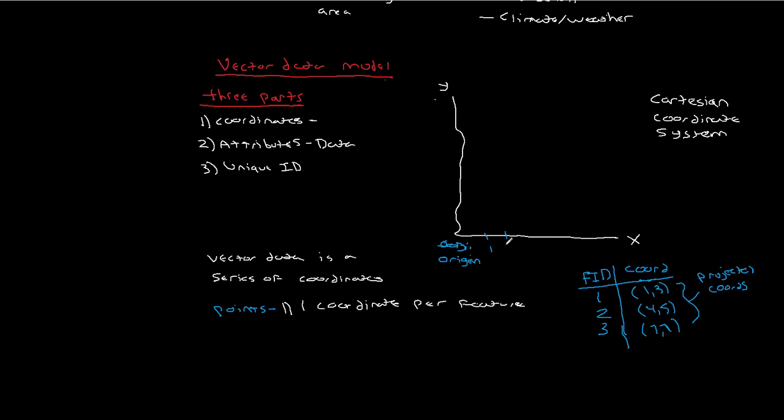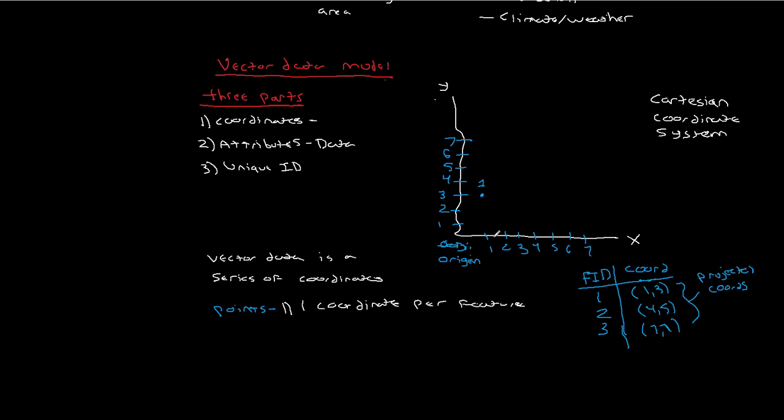And we can graph these. 1, 2, 4, 5, 6, 7. I'm just finishing up this Cartesian coordinate system by adding in the axes. So feature 1 we know is at 1, 3. So this is feature 1.